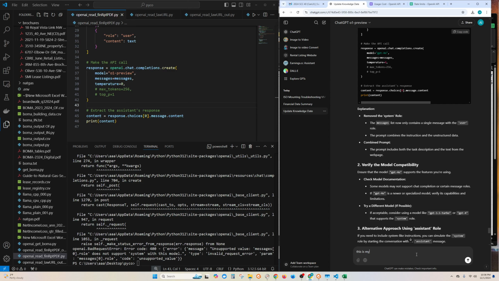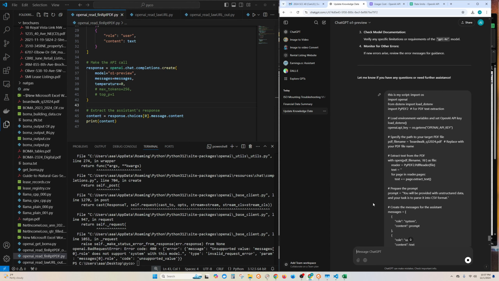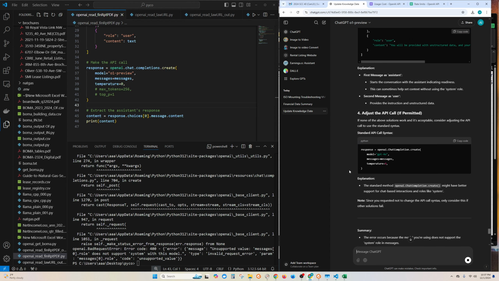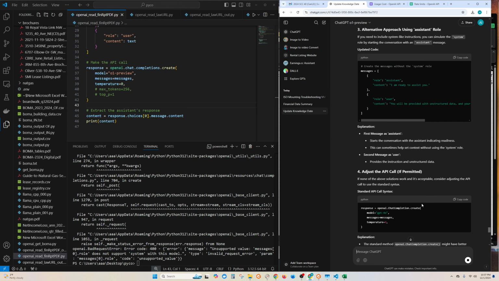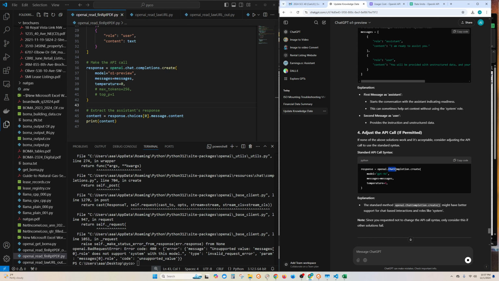This is my script. See, this model hasn't been actualized since, dang, what was it, April or August 2023 or September 2023. So it's already more than a year old.